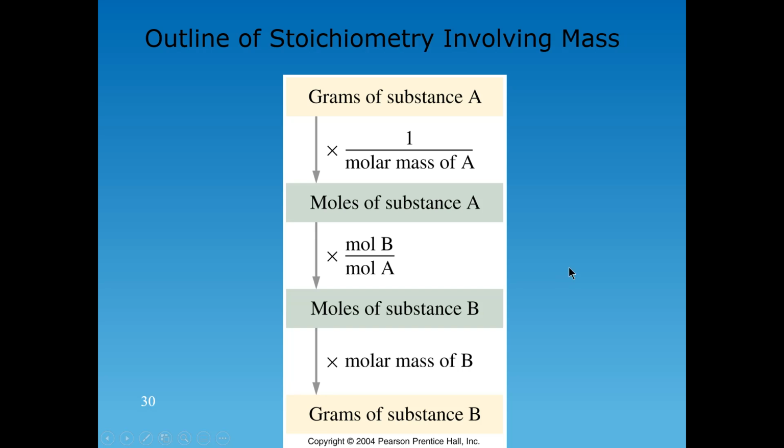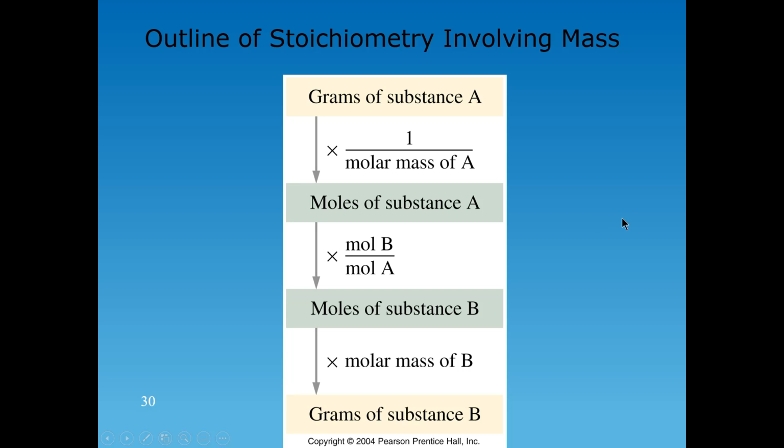So in some problems, what this is showing you here is a situation where you might be given the mass of one substance involved in a reaction, and you're asked for the mass of another substance involved in the same reaction. Again, you must have a balanced equation to begin with.